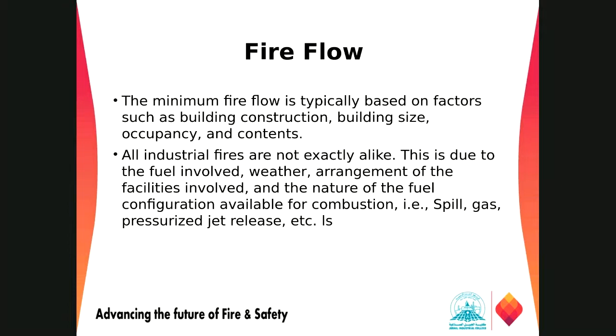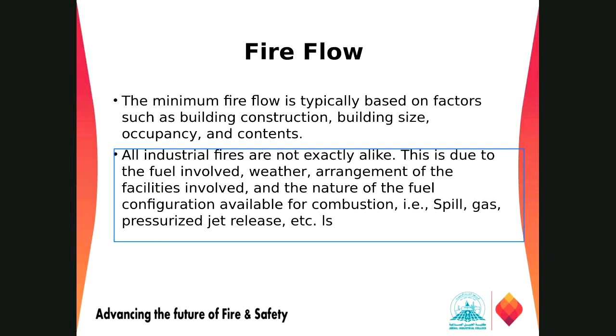Coming to the industrial fire, most industrial fires are not the same. We have different arrangements inside an industry, different fuel involved, different kinds of spill or gas pressurized jet release. So we have different water requirements for all those areas.